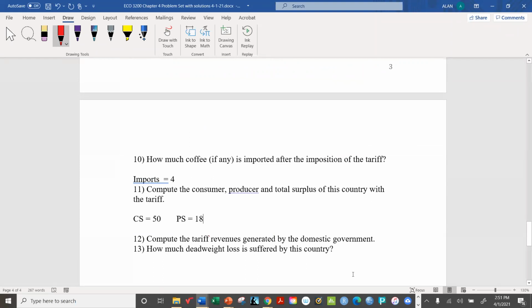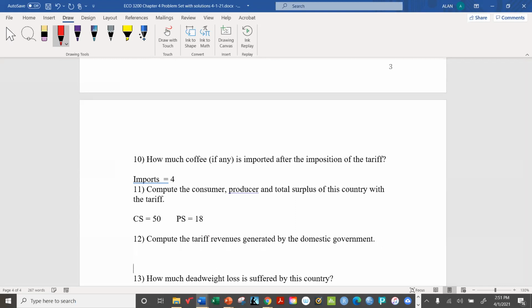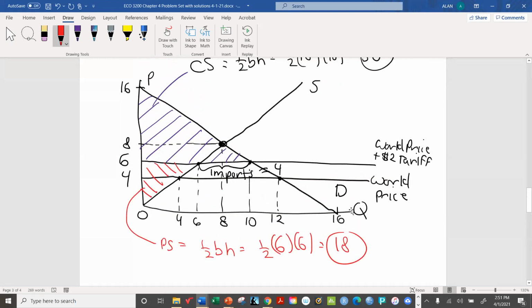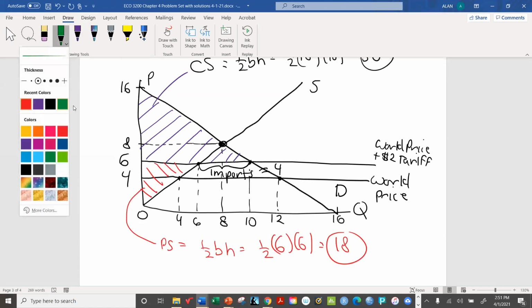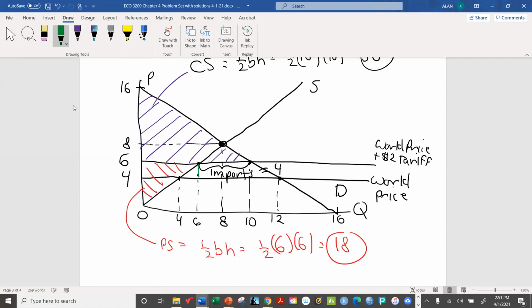Now they also want to know, what are the tariff revenues generated by the government? So remember, because we're importing 4 million units and we're charging a tariff of $2 each, the tariffs are going to be represented by this rectangle in here.